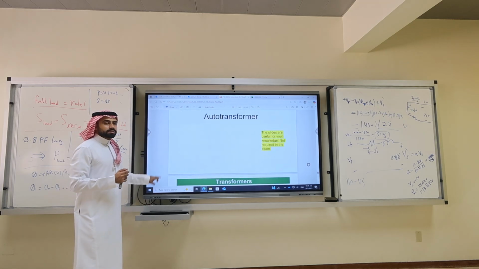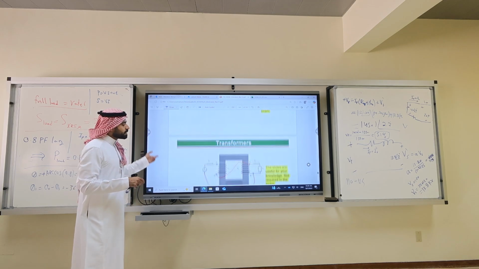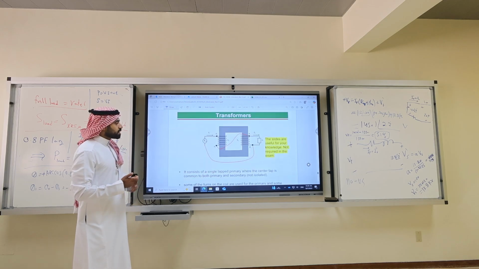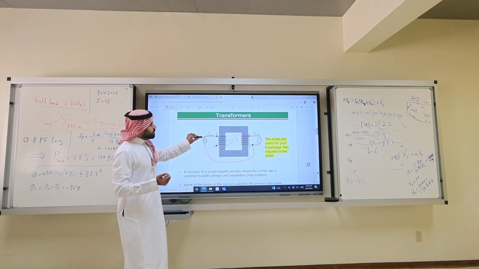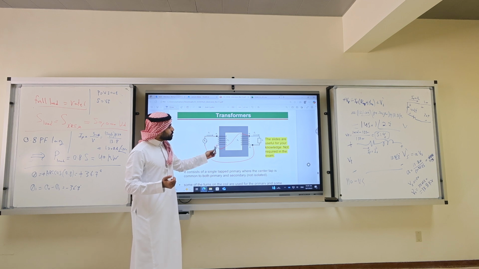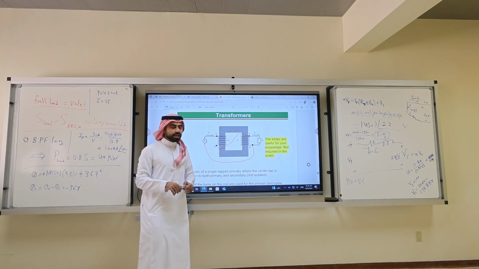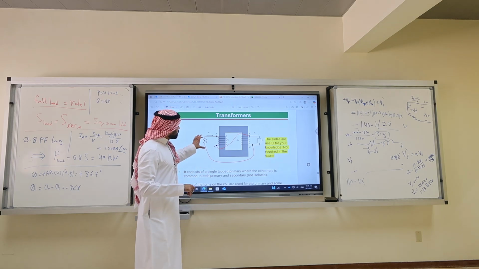Auto transformer. An auto transformer is a regular transformer, but with a certain connection. What is the connection? In the primary side, it's okay, but you put in series the primary lower coil with the upper coil of the secondary. Why?